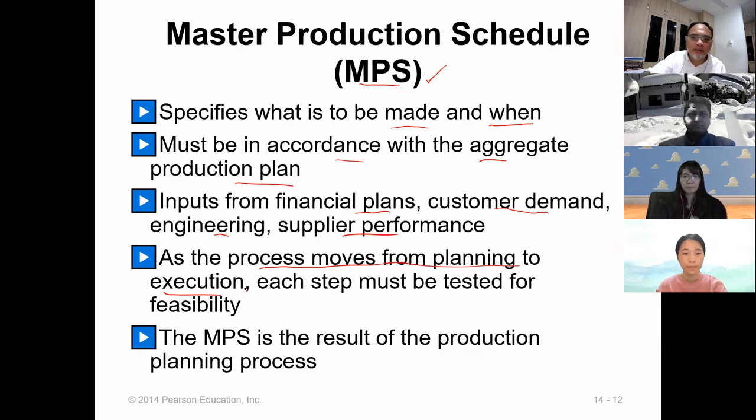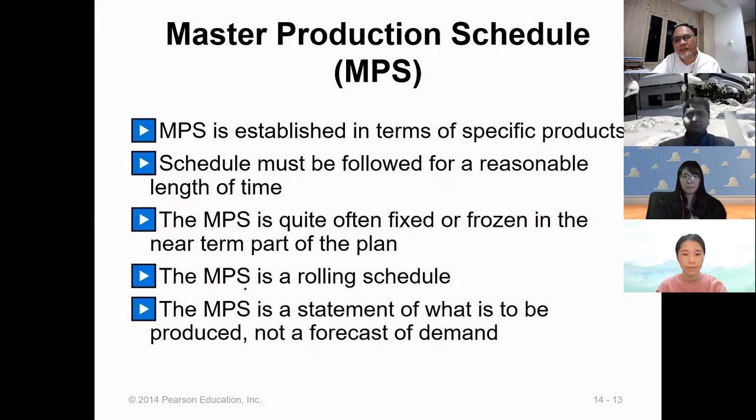And MPS is actually the result of the production planning process. So you need a master production schedule, meaning you want to know which particular week, what is the quantity required. MPS is established in terms of specific products. Remember just now they said that if they have 12 variants, you just look at one variant. It's simple like this.